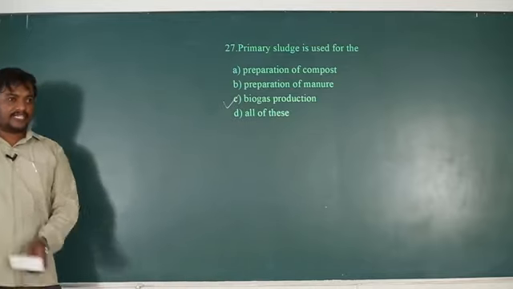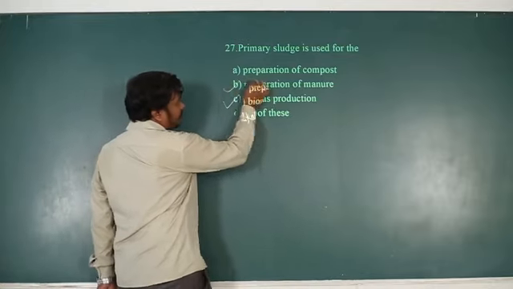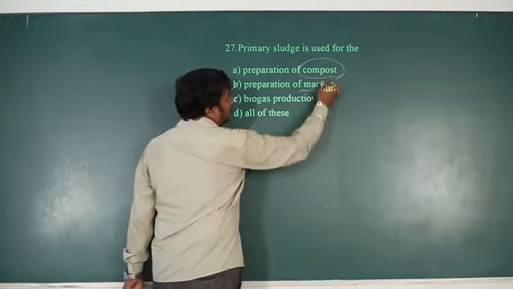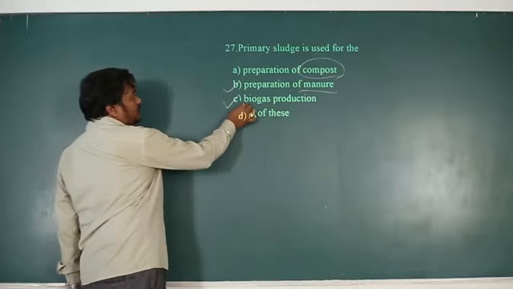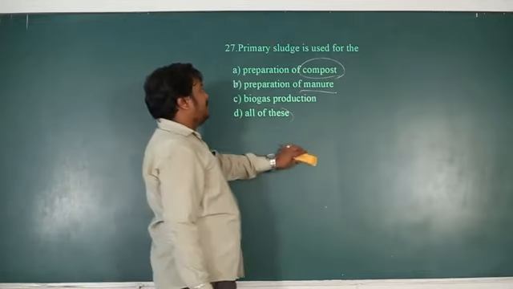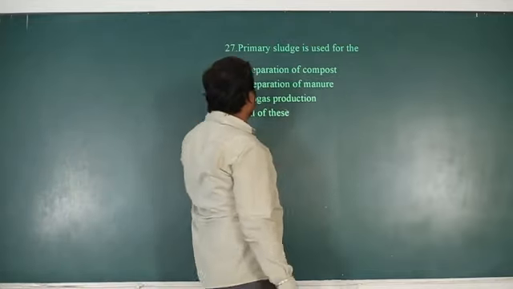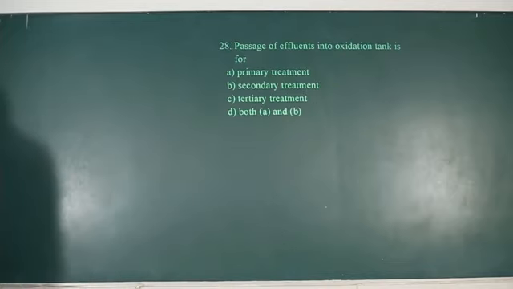Then after the production of gas, they can remove the waste from the digester. That can be dried and used as manure directly, or it can be mixed with other things to make compost. So primary sludge can be used for all the purposes: manure, compost, and even biogas production. Okay, next question number 28.